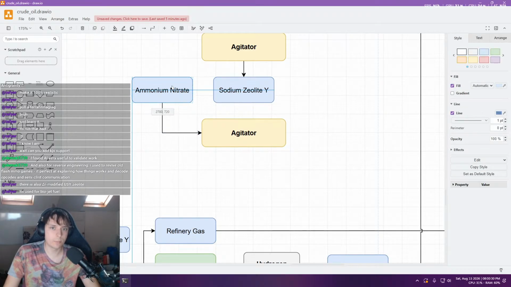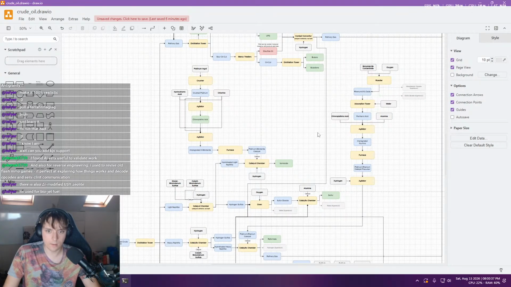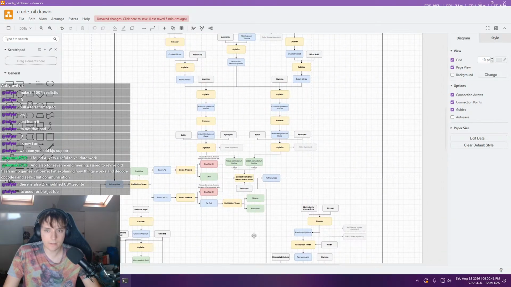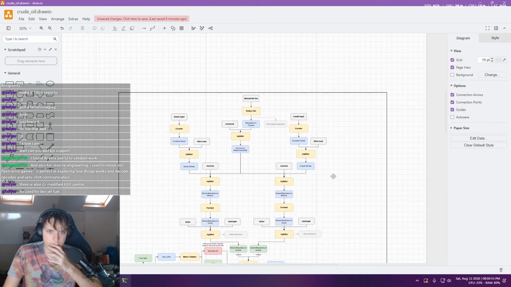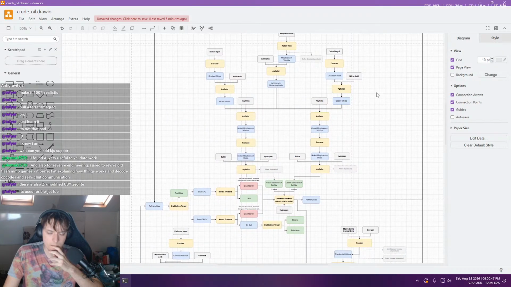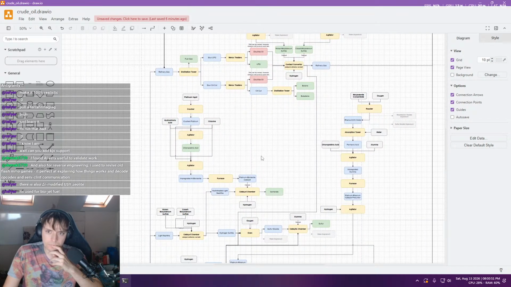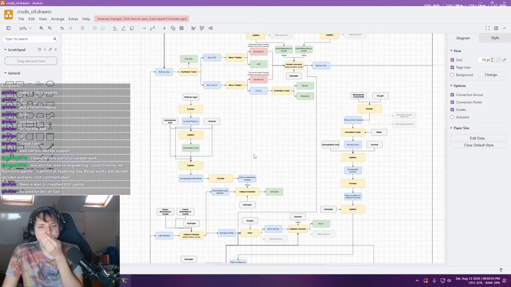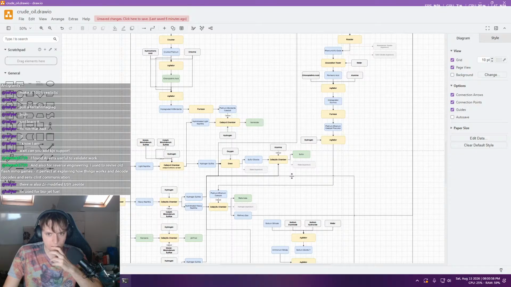I've currently got this as blue because I don't know if we have that anywhere else in here. Ideally we do, and I feel like I have mentioned ammonium nitrate at some point. Maybe not. I don't see it.